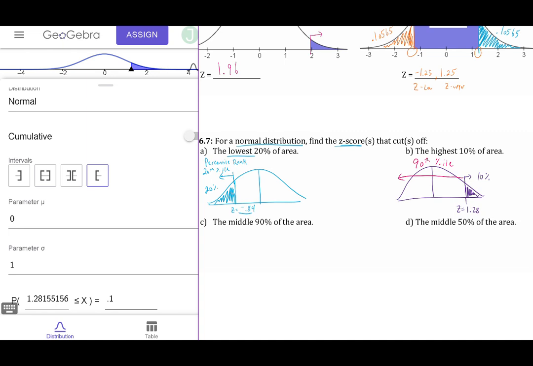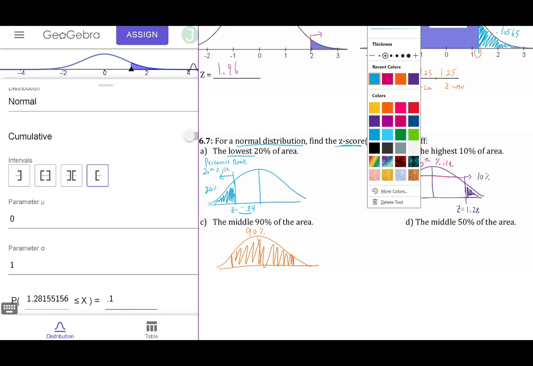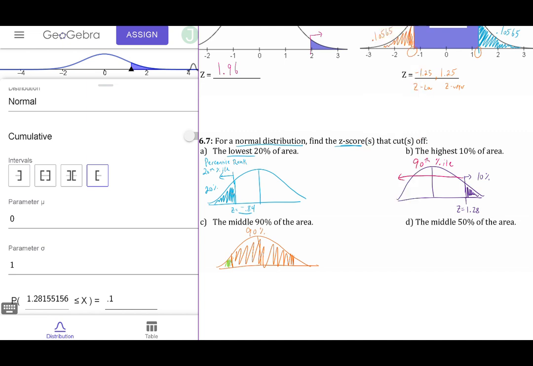Now, for part C, we're being asked to find the middle 90% of the area. The middle 90% of the area is approximately there. So if we're looking for the middle 90% of the area, that means the two tails of the graph will be 10% of the area.